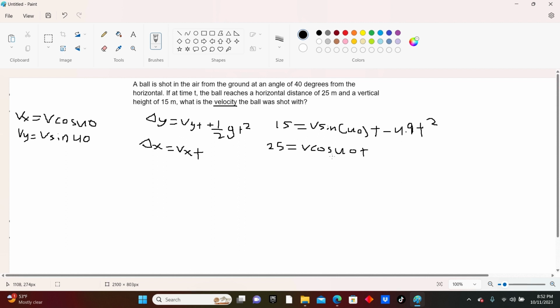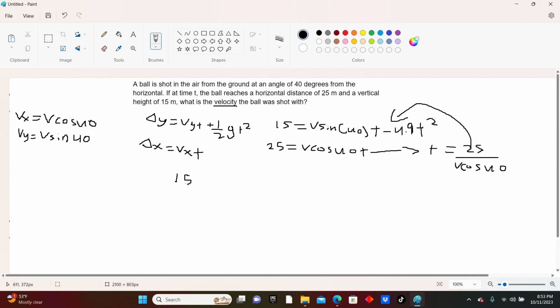So now we can solve for t using the x equation and substitute that value in the y equation. I'll write it here: t is equal to 25 divided by v cosine 40, and now we can plug this back into this equation.